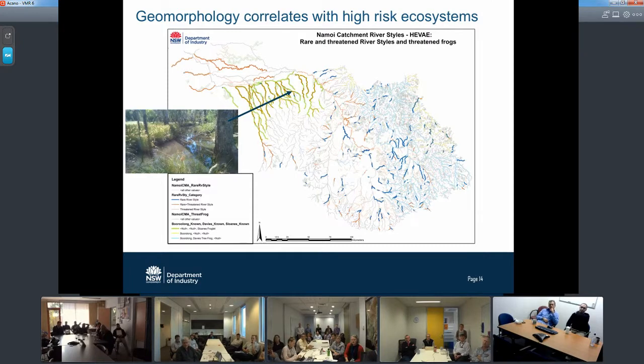The one other note in this slide is the regulated Namoi River in the central part of the map is known for having silver perch, but it's a river style which is also under very significant threat because the Namoi River is undergoing significant geomorphic change. It's degrading.